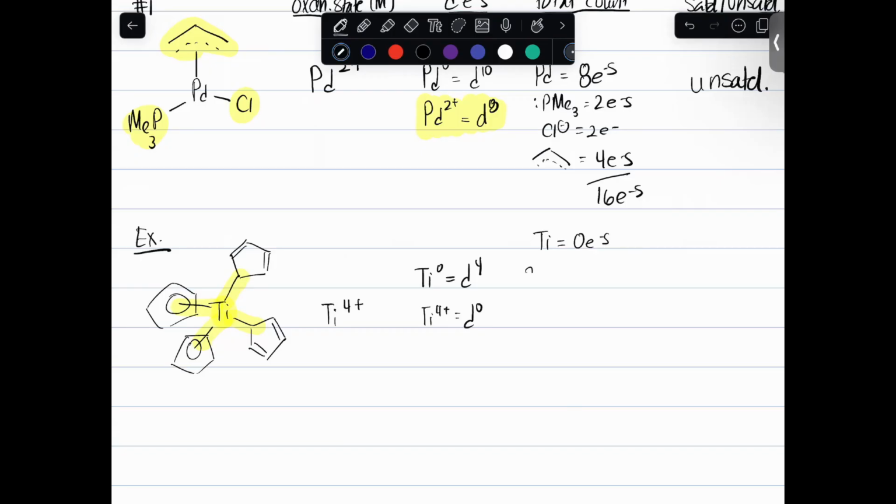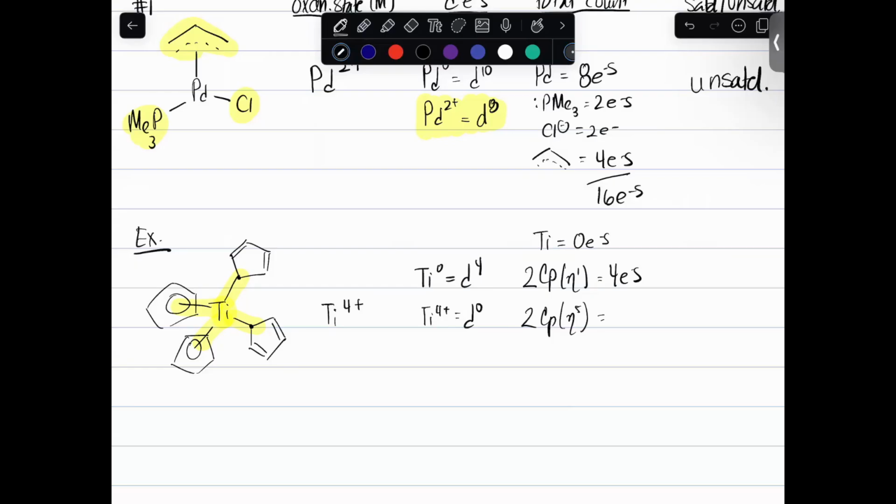There are 2 cyclopentadienyls that are eta 1. And this is 2 electrons each for a total of 4 electrons. 2 electrons here, 2 electrons here, 4 electrons. And then we have 2 cyclopentadienyls, eta 5.